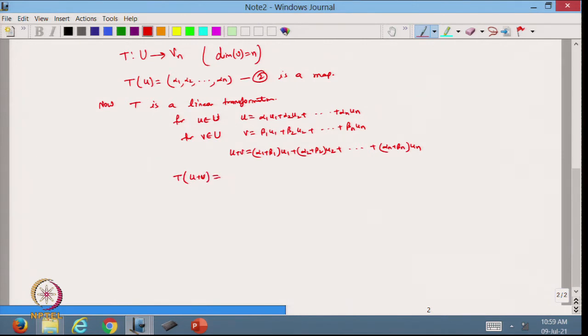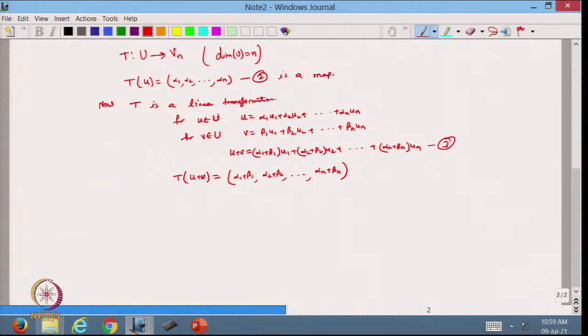These are the coordinates of u plus v relative to the basis u1, u2, up to un. So T of u plus v will be equal to (alpha 1 plus beta 1, alpha 2 plus beta 2, ..., alpha n plus beta n).